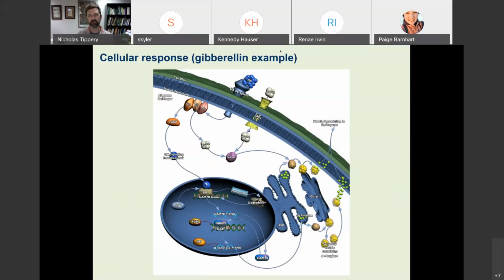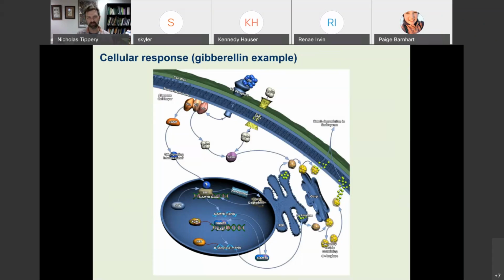So gibberellic acid present in the environment. So as a hormone, this could be in high amounts, low amounts. And based on the amounts of gibberellic acid, that causes more or less of it to interact with these receptor molecules. And then, basically, we're not going to follow the points on here, but you can follow the arrows around.